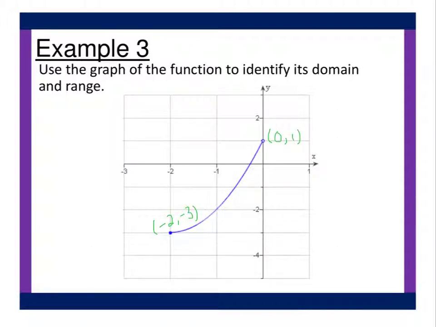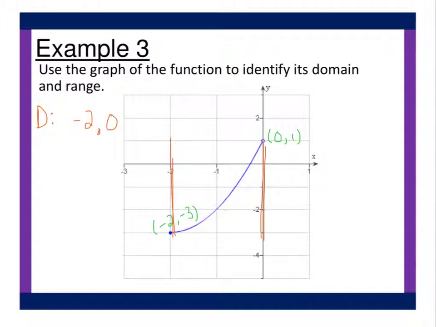What we did yesterday when we looked at ordered pairs is we separated the x and the y values. So if I'm talking about my domain, I'm saying, what x values do I have? My x values go from here to here, where I've got my orange lines drawn. So our domain goes from -2 to 0, because those are the x values that it goes between.